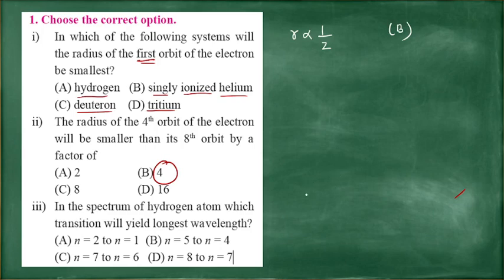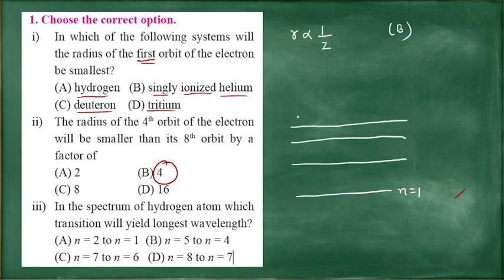So here if we draw n is equal to 1, then second, then third, then fourth, then fifth, then sixth, then seventh, and then eighth. So here the space or gap between energy levels goes on decreasing.